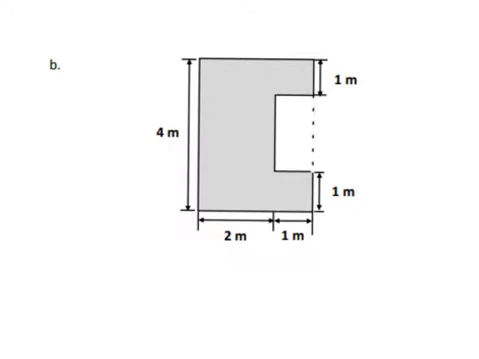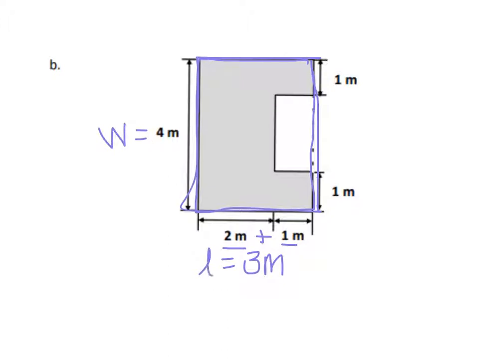Now let's take a look at letter B. So I'm going to split this into two separate rectangles. I see the rectangle as a whole as this purple rectangle. I see it has a width of 4 meters and the length is actually the 2 meters plus this 1 meter, which I know is going to give me a total of 3 meters, and that's my length.